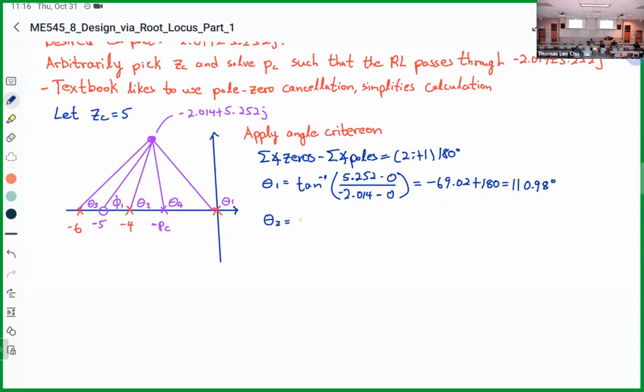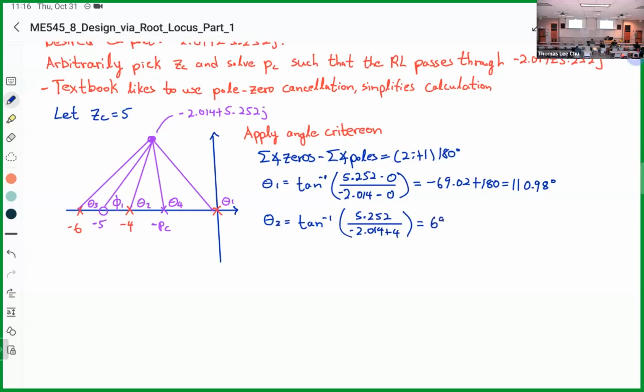Theta 2, I'm just going to write out the numbers now. Let's see, 5.252 divided by minus 2.014 plus 4. It's going to be equal to, this is going to be a quadrant 1 angle.